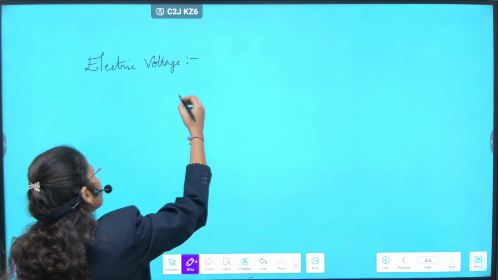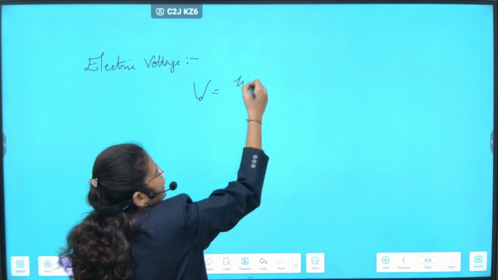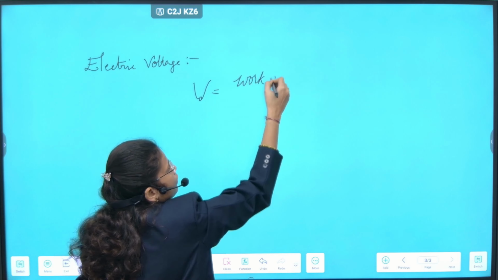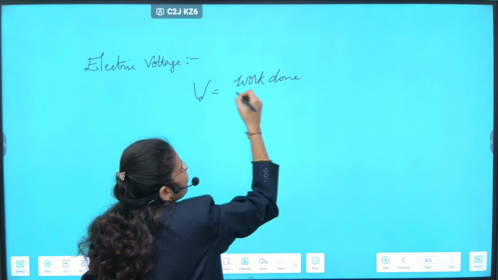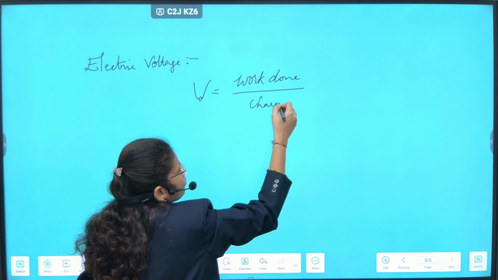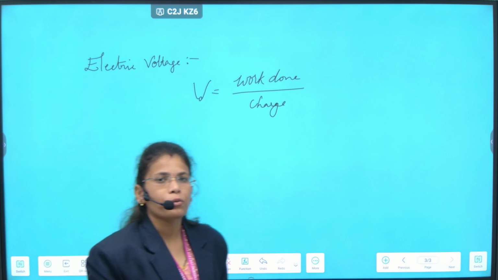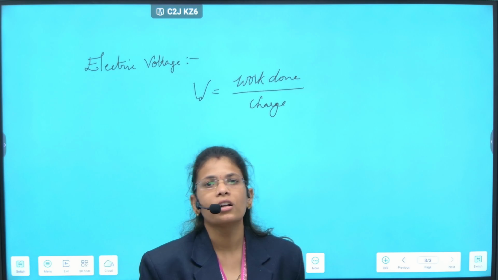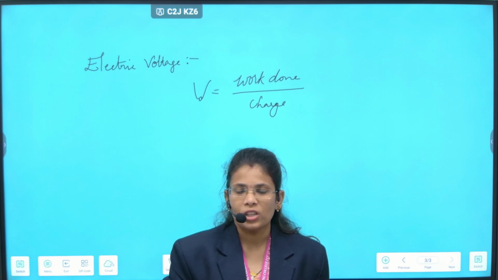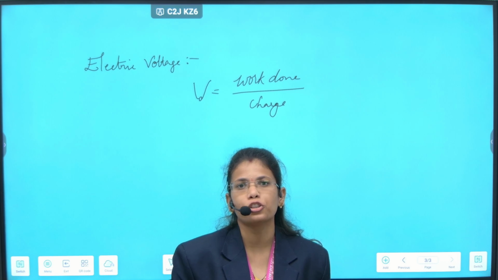Voltage is denoted with the letter V, work done by charge. So electric voltage is also defined as the ability of charge to do its work, which causes the charge to flow.